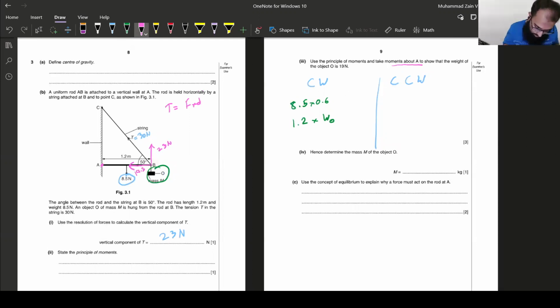Sir, won't we be considering the vertical component only? Because the distance should be perpendicular. Yes, we will be considering the vertical component. That's what I'm coming to. Hopefully, that will be the answer to your question.